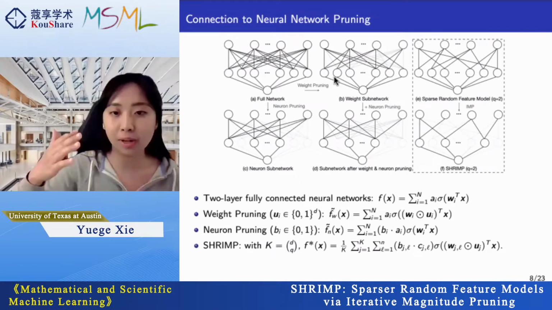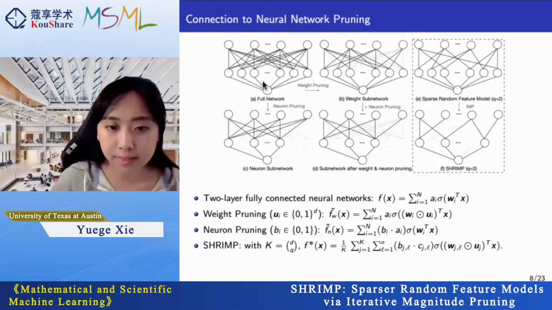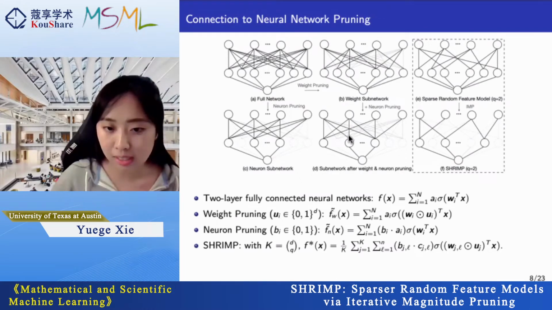So we have sparse connections between the neurons. For neuron pruning, we remove the whole neuron, and the weights connected to the neuron are removed at the same time. And if we combine these two, we can get a subnetwork after the weight and neuron pruning.